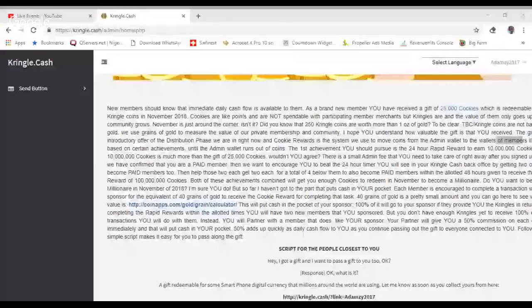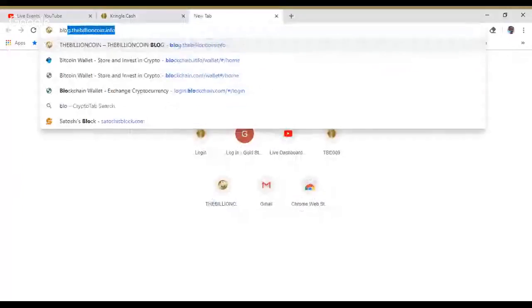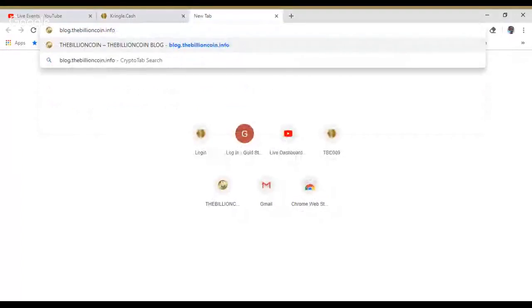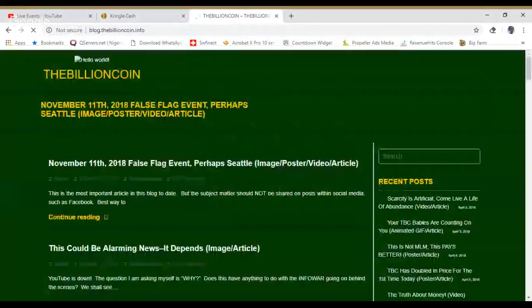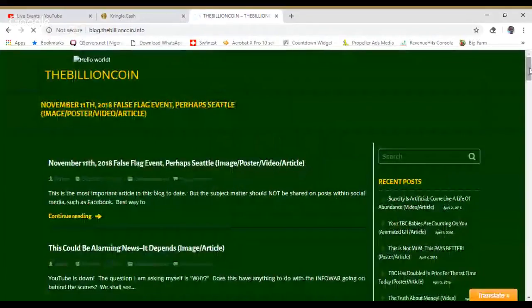You go to a new tab here. You go to blog.thebillioncoin.info. When you load it, it shows all the blog posts that the admin will ever post. You see the November 15 false flag event. So you can see all the events.